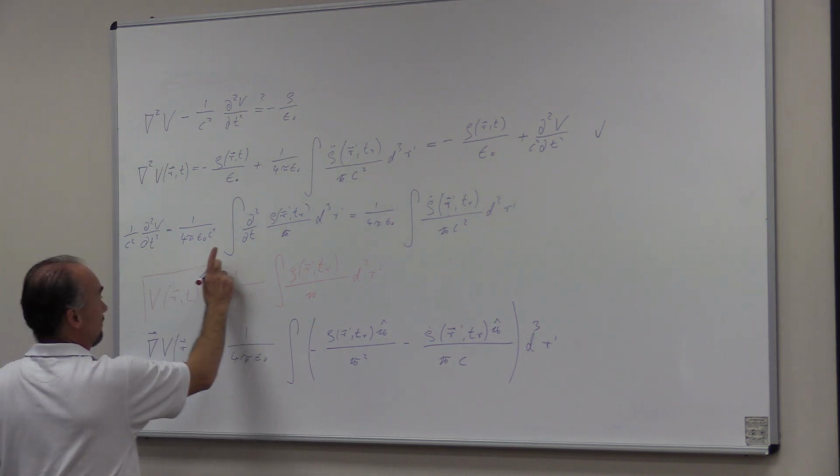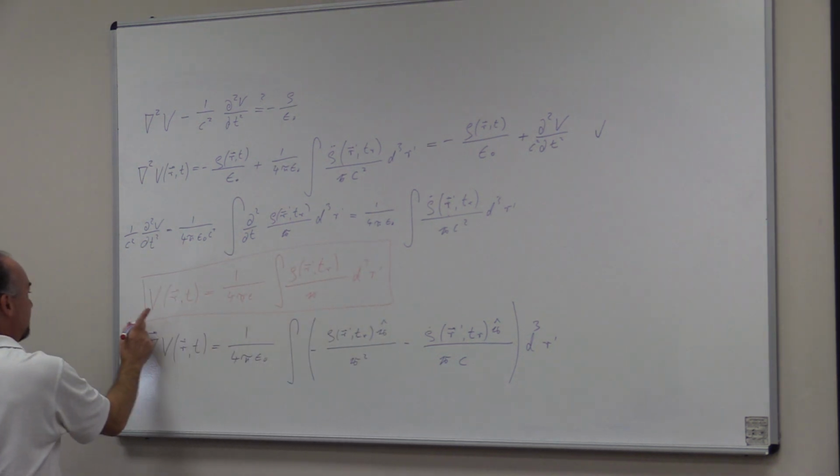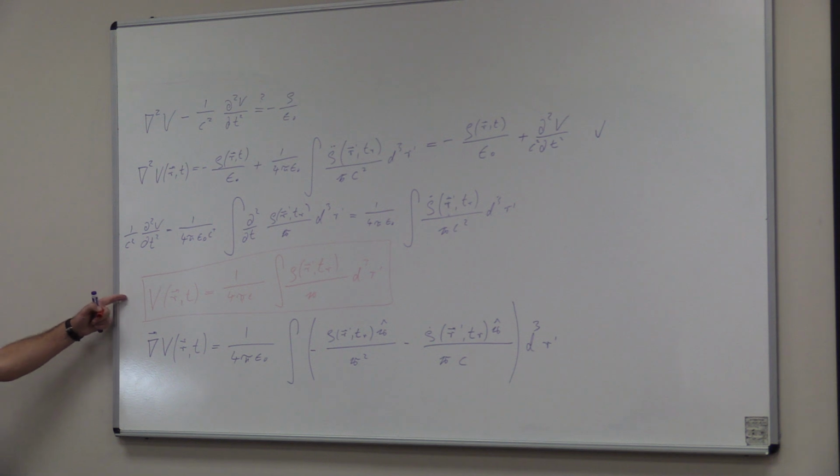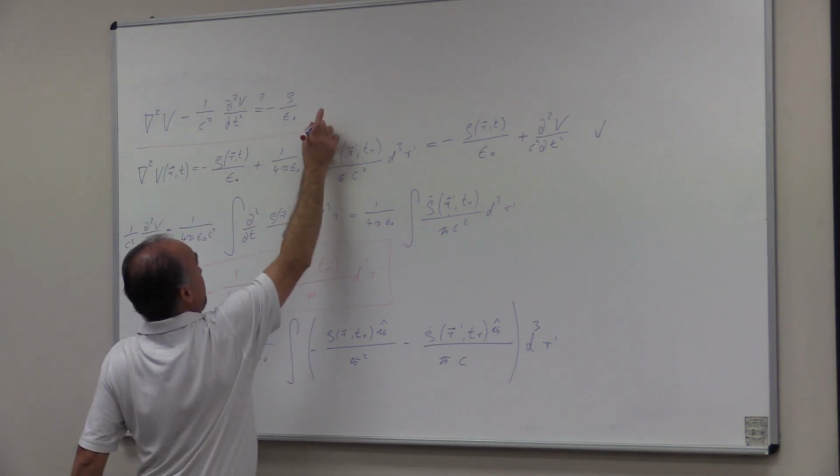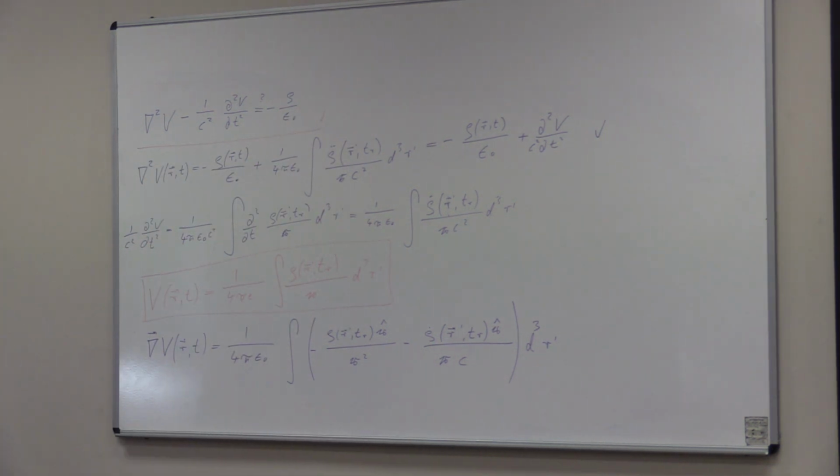So we have shown that if we calculate our potentials this way, then we are satisfied with this. That means if we do it this way, we have calculated the potential properly in the Lorenz gauge.